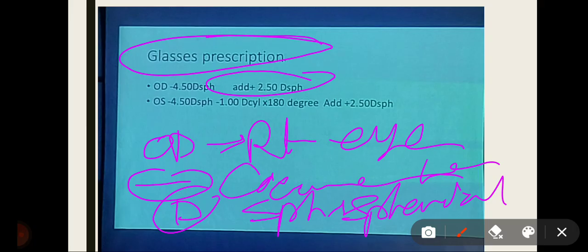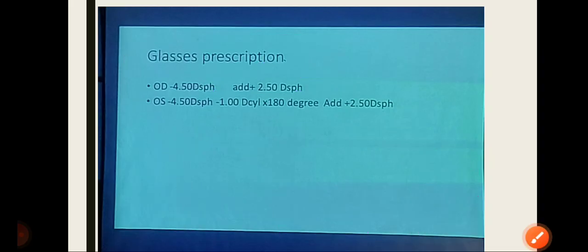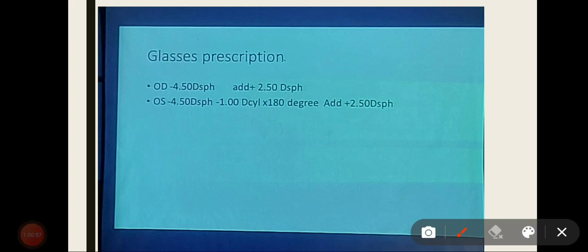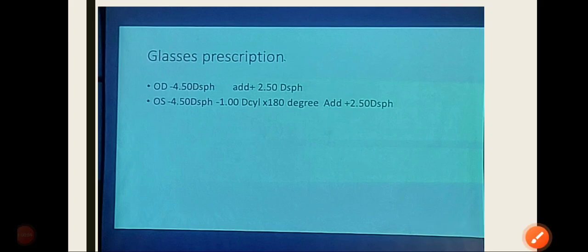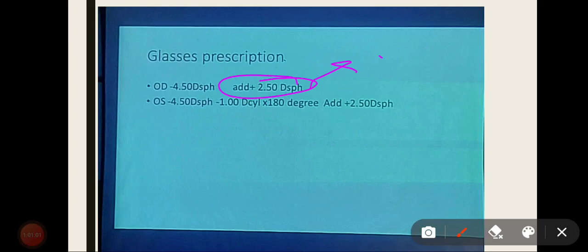At axis 0, plus 2.5 in the add. This is for the correction.